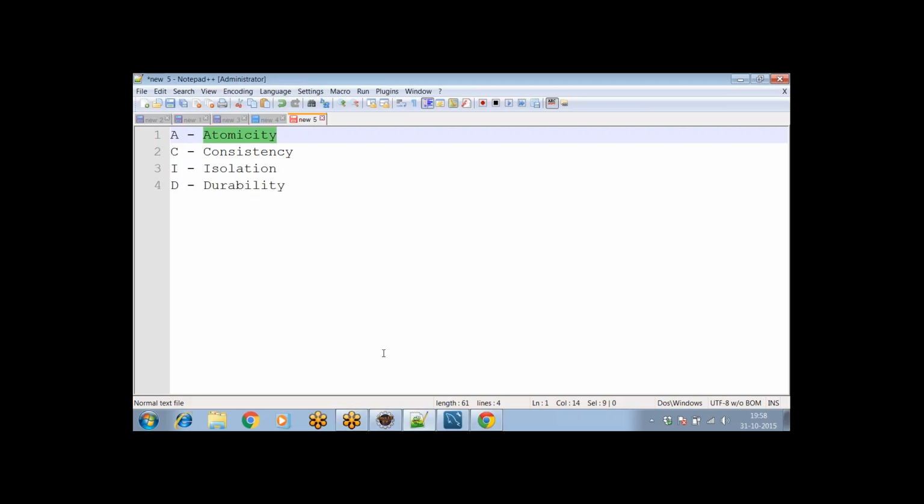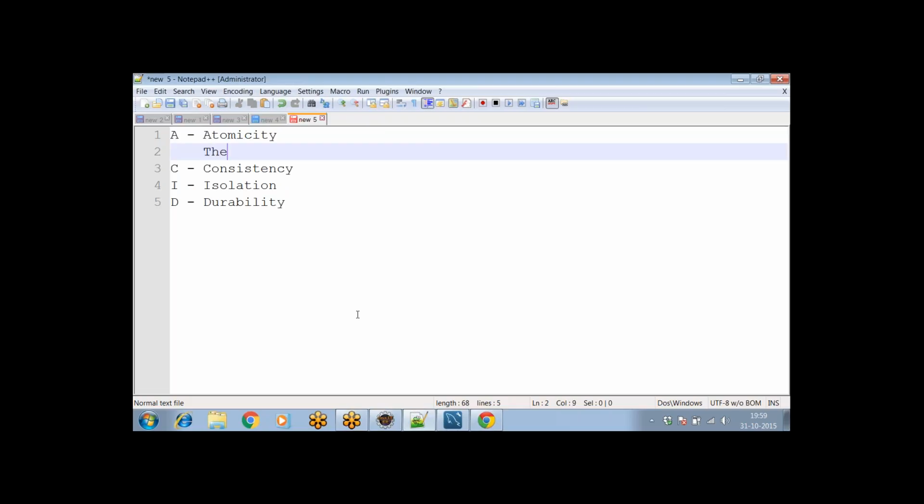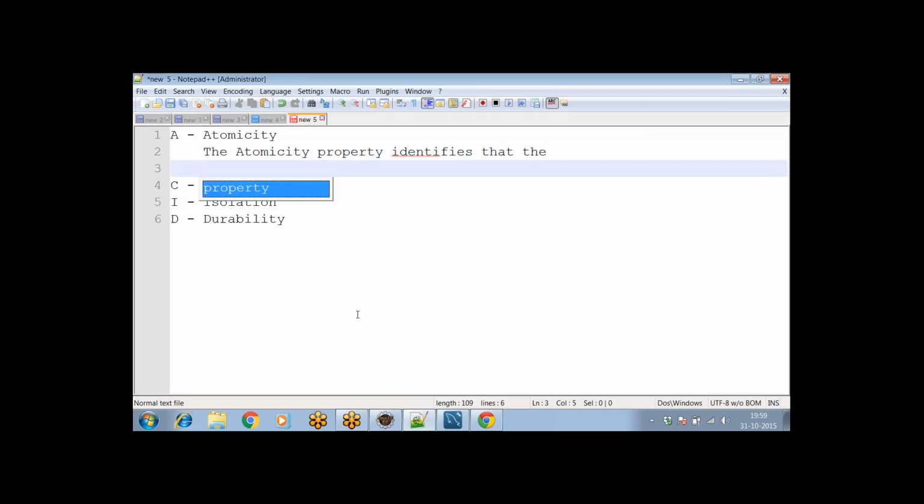So atomicity means here, the atomicity property identifies that the transaction is atomic.